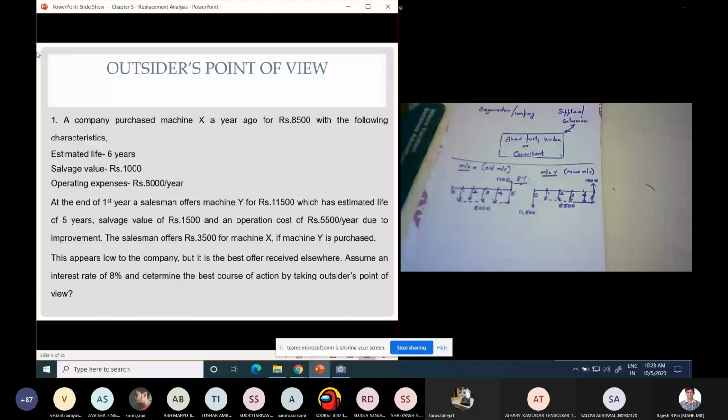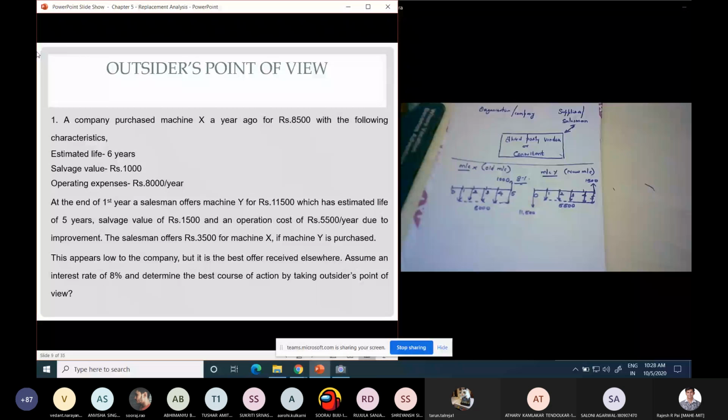Now after 1 year, a salesman is offering a new machine Y for 11,500. So out of 6 years, 1 year has already been completed, and now the company is going for an analysis whether to go with the newer machine because a proposal has come in, or whether to continue using the existing machine. So they are in a dilemma now.